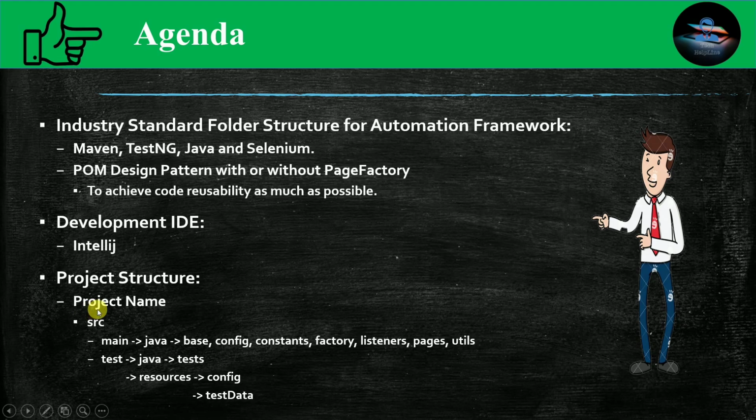Once we create the project, the project structure will be in this hierarchy. First we have the project name, and under that project name we have the source folder. Under the source folder we have two subfolders, main and test.